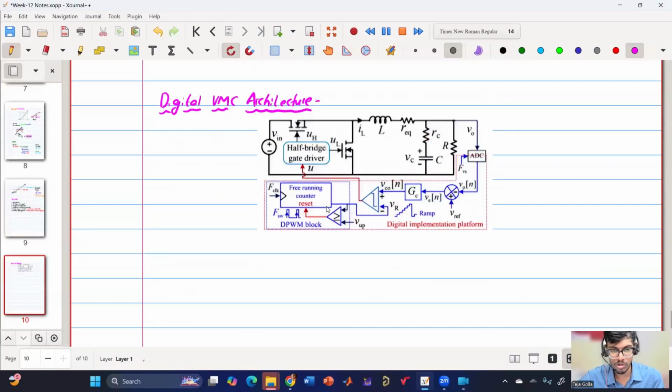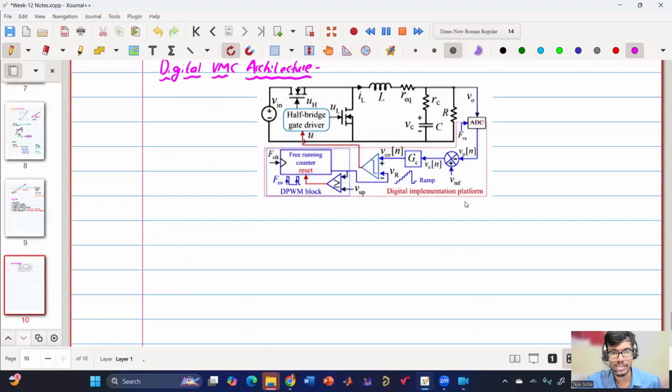So don't bother about this. Basically, we are getting everything in digital. So everything is digitized. So just a very rudimentary basic explanation of differentiating between analog and digital. So is this clear? Where the changes are coming for analog and digital?